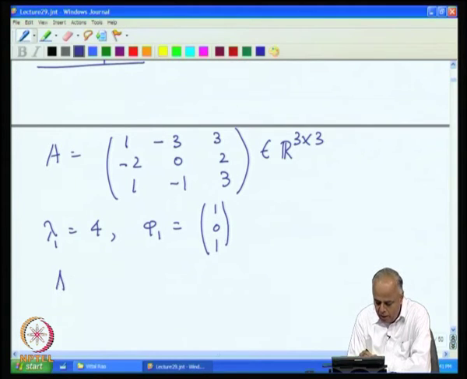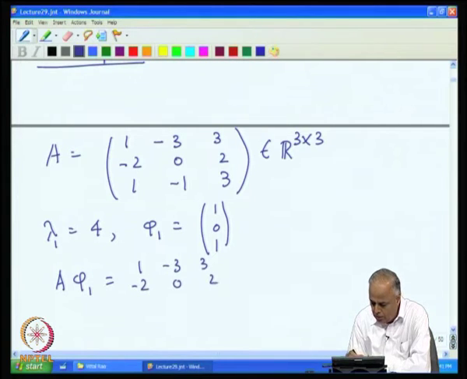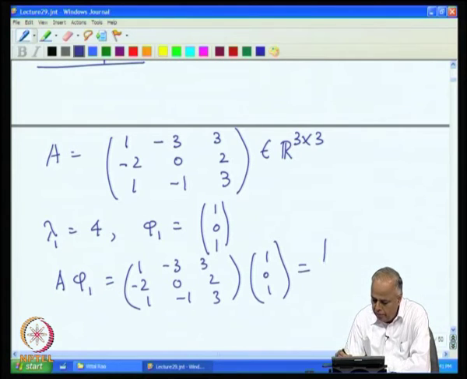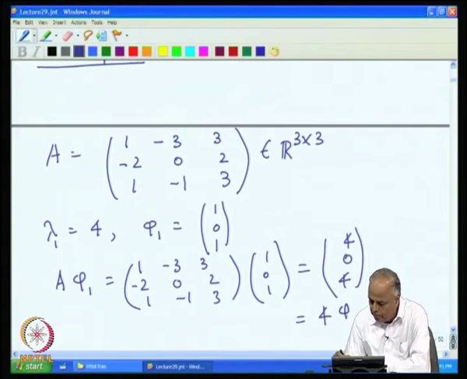We now verify that A phi 1 is this matrix into 1 0 1, and when we multiply we get 4 0 4, which is 4 times phi 1.